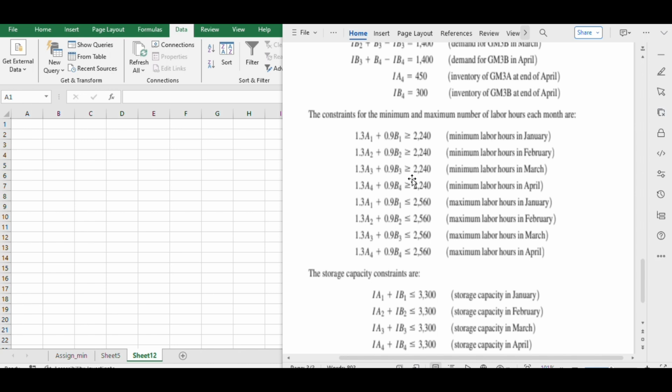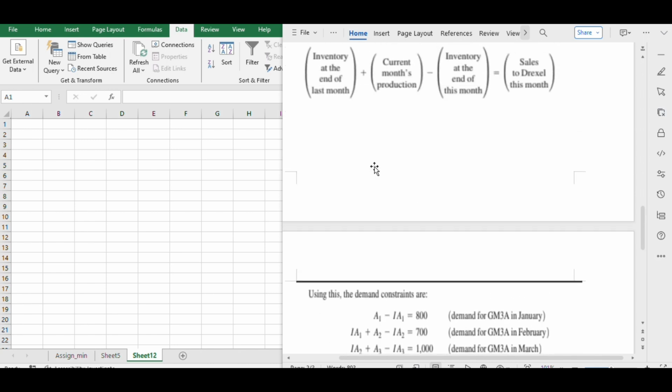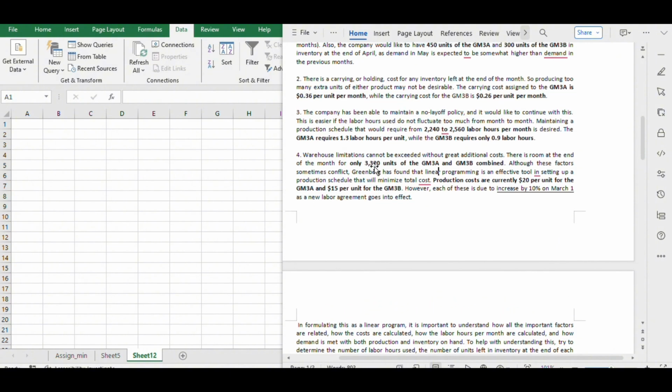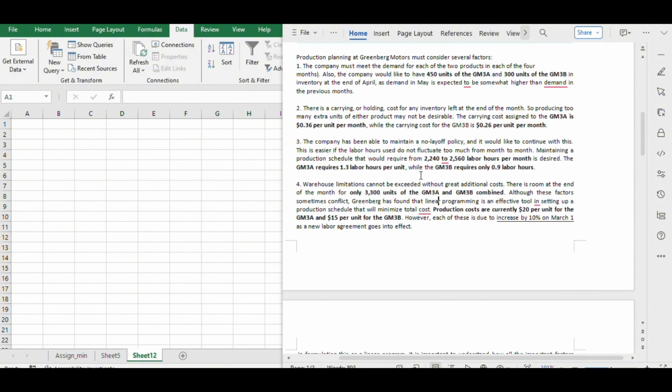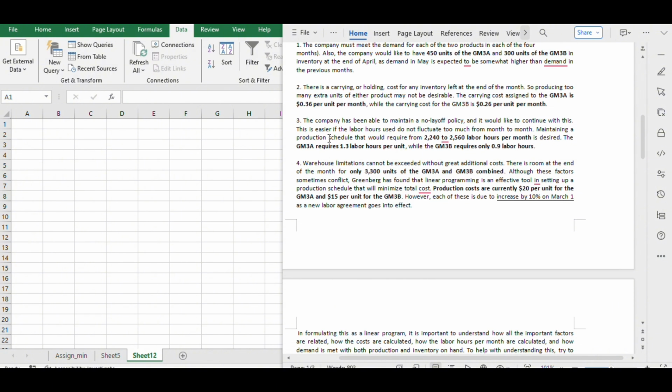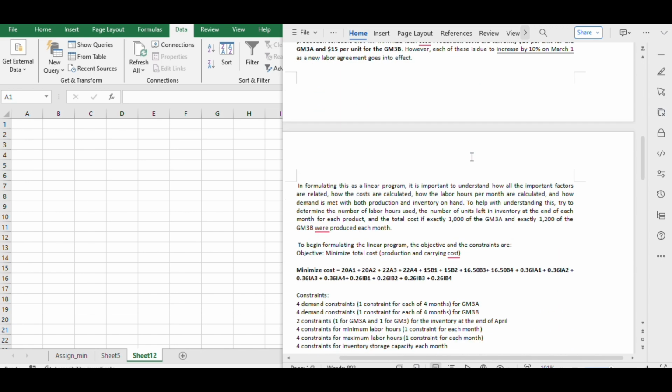So for the maximum and minimum number of labor hours, 1.3 and 0.9. As you can see in the stated factors, there is a maintaining production schedule that requires 2,240 to 2,560 labor hours per month, which is 1.3 labor hours per unit required for GM3A and 0.9 labor hours for GM3B.